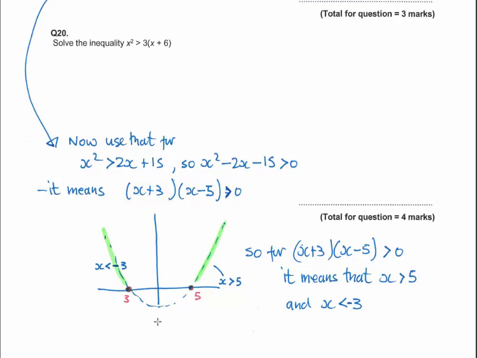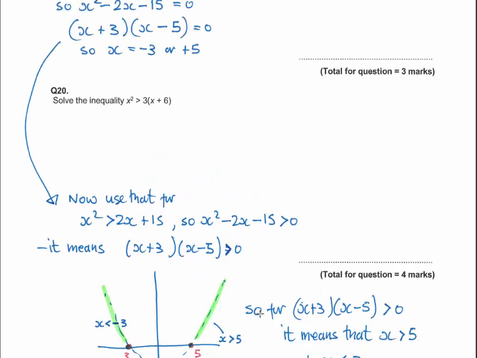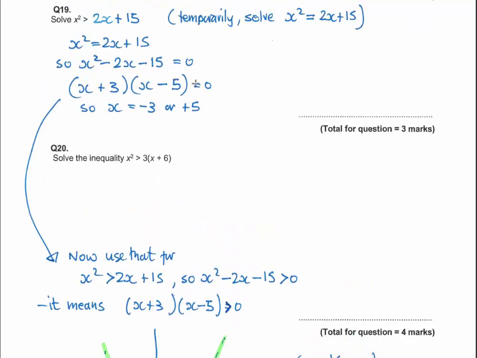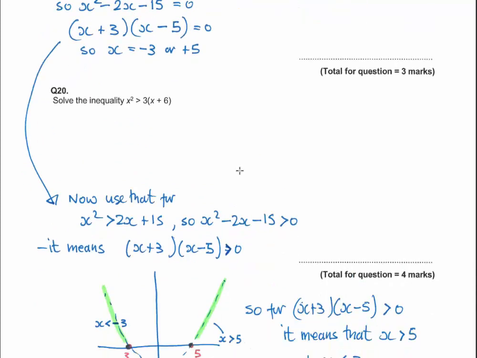Knowing what the shape of the graph looks like, I can see that between these numbers, it's less than 0. But this side and this side, where I've coloured it in green, it's more than 0. So the solution for this being bigger than 0 is that x must be bigger than 5, or x must be less than minus 3. Okay, but it came about by factorising and solving for it equals 0 first of all.